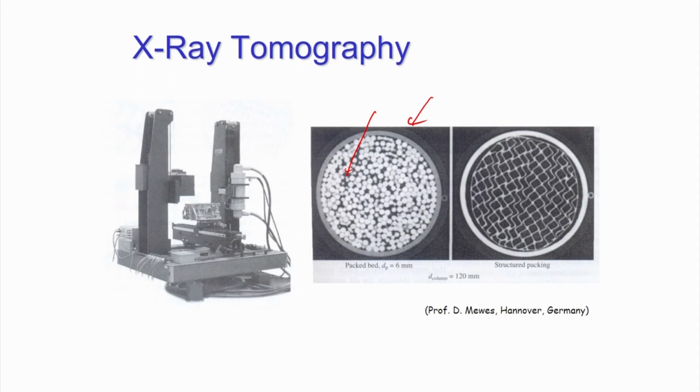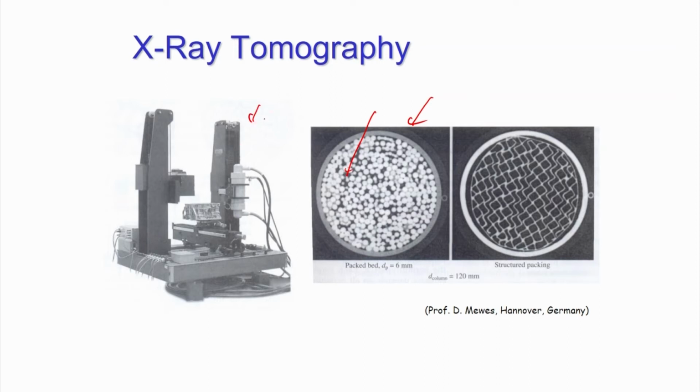But there is an issue, and the issue is that the system is very bulky, as the photograph can show you, and you might have seen an X-ray device. The system is very bulky. So, moving the system, if we want to scan for different theta, is ruled out, you cannot do that, the system is very heavy. So, what is needed? You need to rotate your column. Now, once you rotate the column, though we say that we are rotating at a very small speed, you are actually changing the flow dynamics.